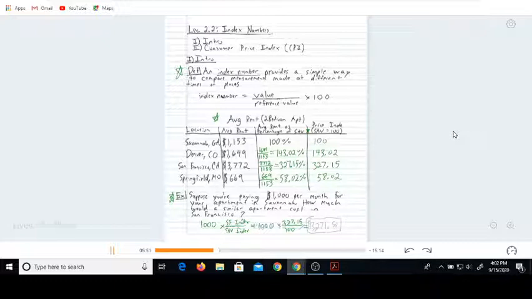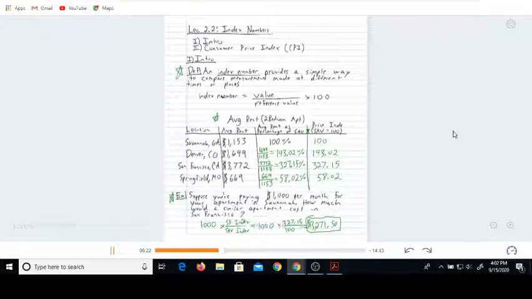So that tells us that it's going to be 1,000 times 3,271.50. So an apartment that costs you $1,000 a month in Savannah, a similar apartment with similar amenities and similar quality level would cost more than $3,000 per month in San Francisco.